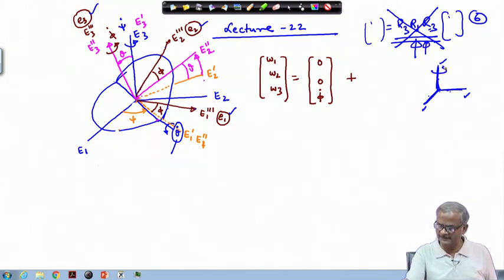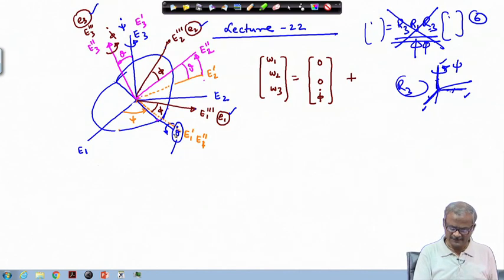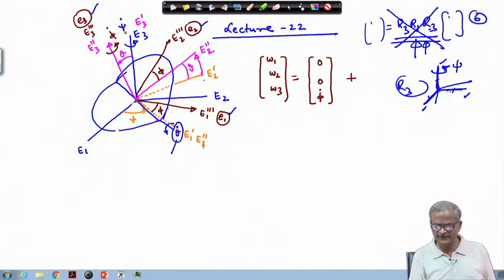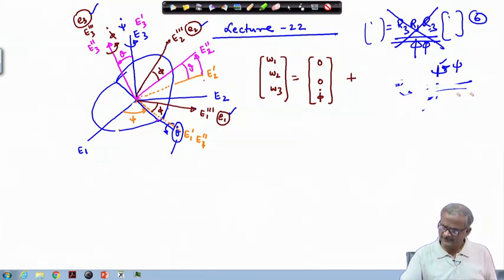Like here, if I give rotation by psi, I can use this rotation R 3, because here all the three axes are perpendicular to each other. But in this case theta dot, phi dot and psi dot are not perpendicular to each other. So, never make the mistake of adding them together with this rotation, it will be a totally wrong thing to do.